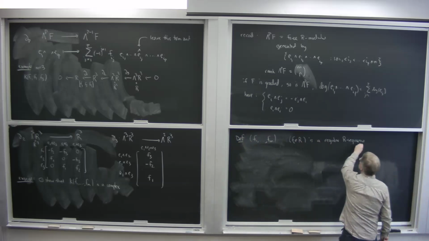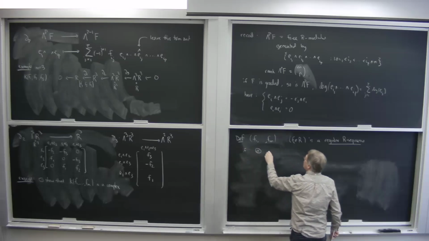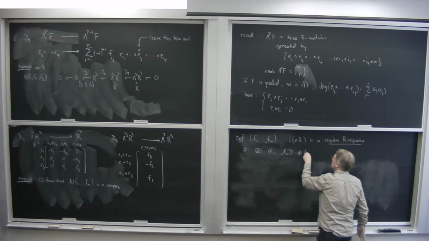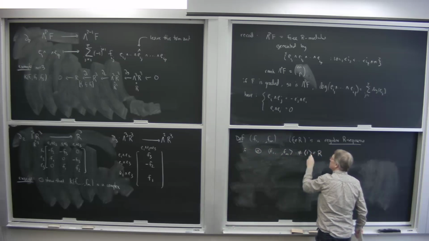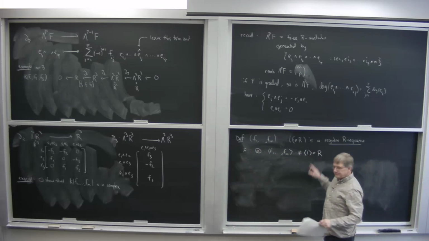It's a regular R sequence if the following holds. First of all, the ideal generated by all these guys had better not be everything, which is R, okay? So you can't be able to get the identity from there.